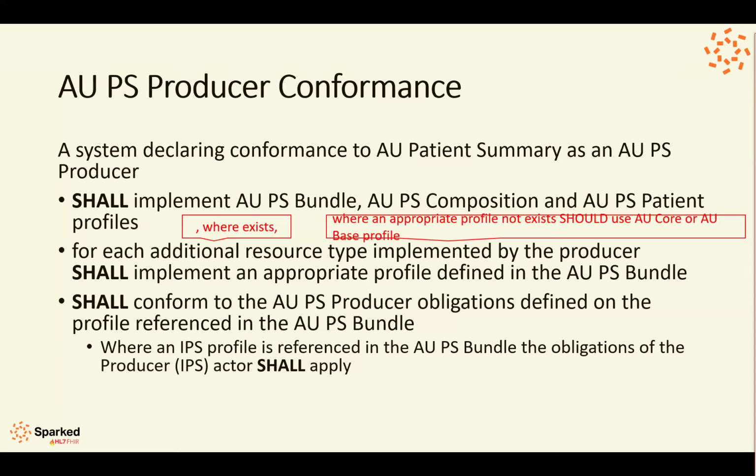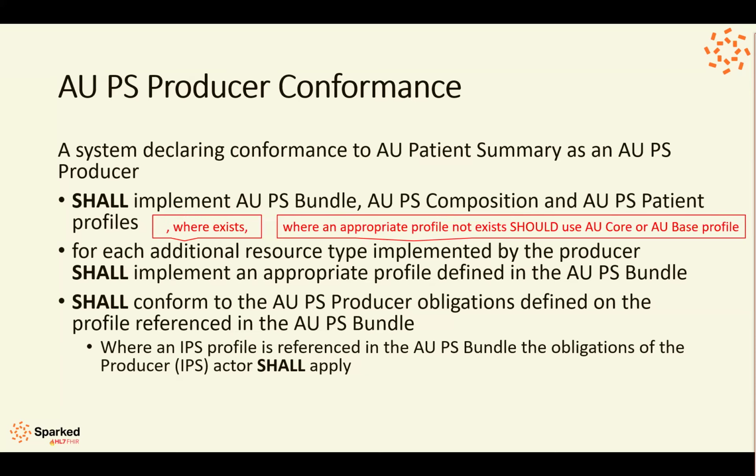If you're saying you implement the AU Patient Summary requirements, then we're saying that you're meeting the obligations for a producer or consumer around a related person resource, or around a medication request resource, if you're including them.